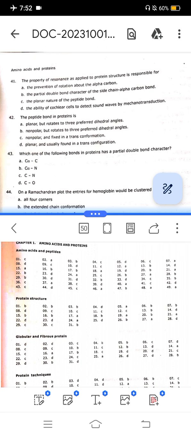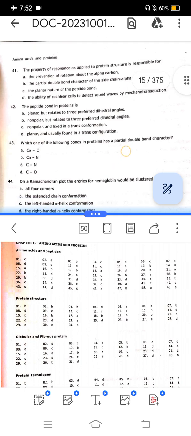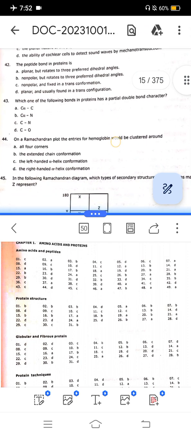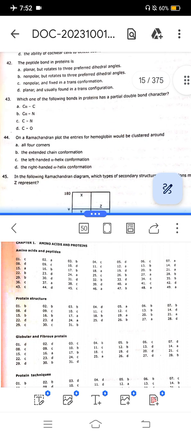D in the sense planar and usually found in a trans configuration. Then which one of the following bonds in proteins has a partial double bond character? Which one? 43C. C in the sense C-N. C-N bonds in protein have a partial double bond character.